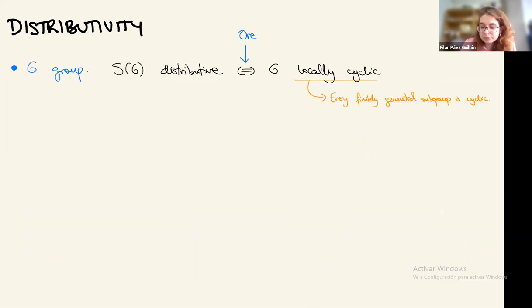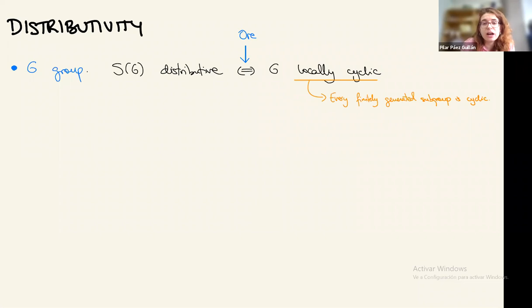As I said before, the problem of studying these properties of the lattice of subobjects in an object and relating them with the properties of the object began with groups, and in particular distributivity.